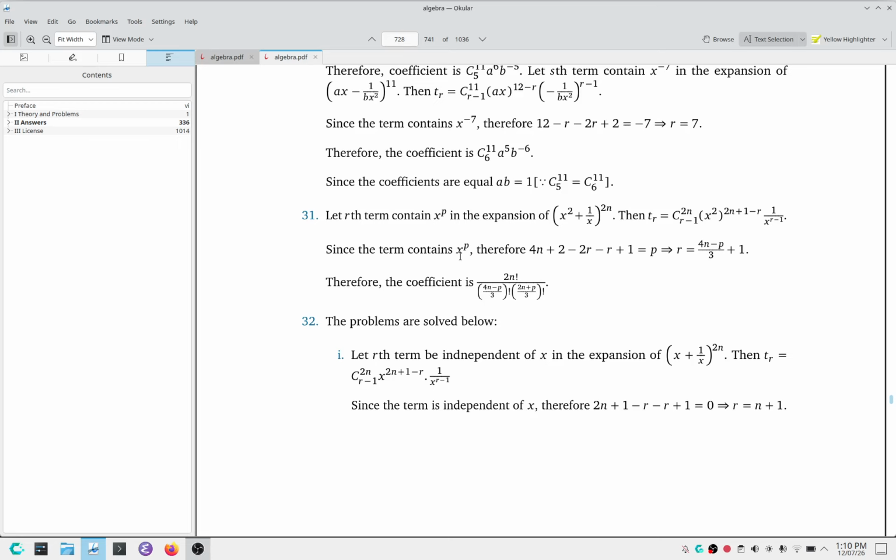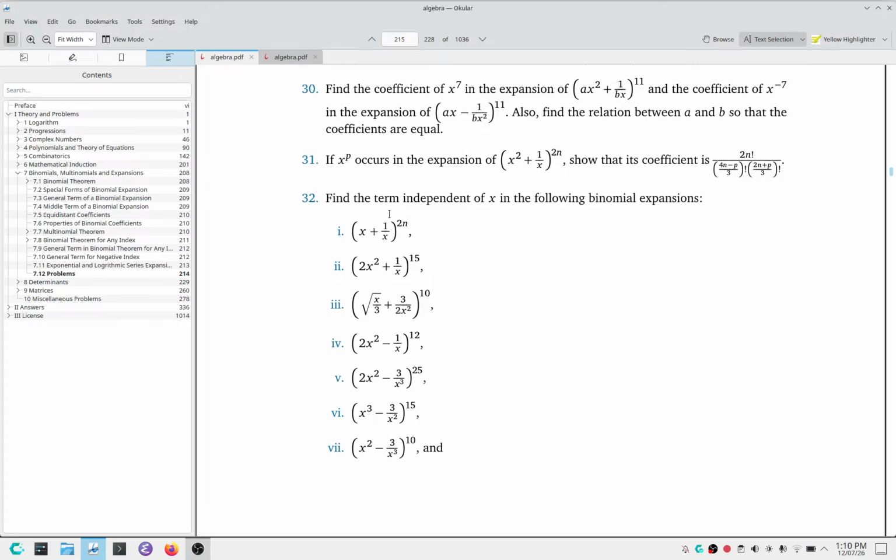Now, since the term contains x raised to the power p, we have 4n plus 2 minus 2r from this, minus r plus 1 from this, is equal to p. So r is equal to 4n minus p upon 3 plus 1, and thus the coefficient is 2n factorial upon (4n minus p upon 3) factorial times (2n plus p upon 3) factorial.